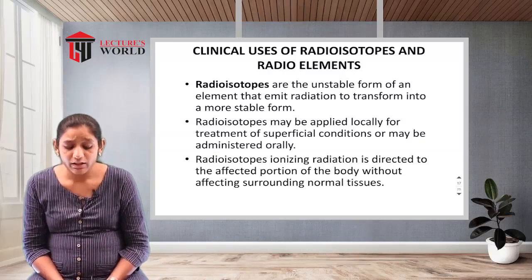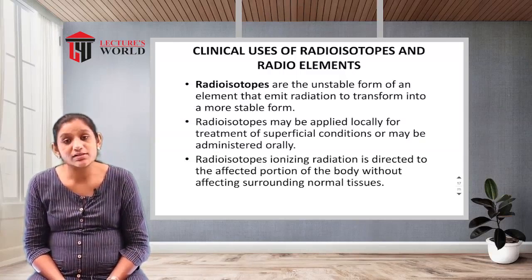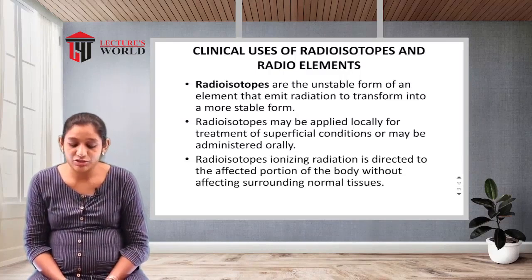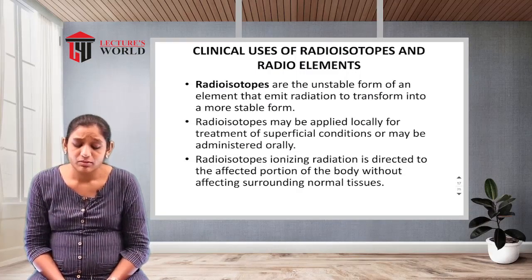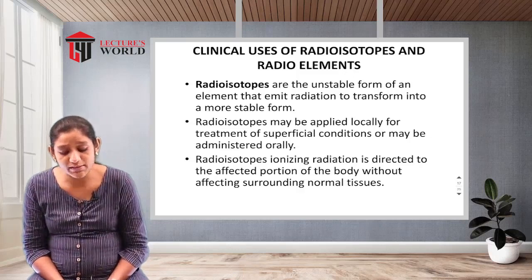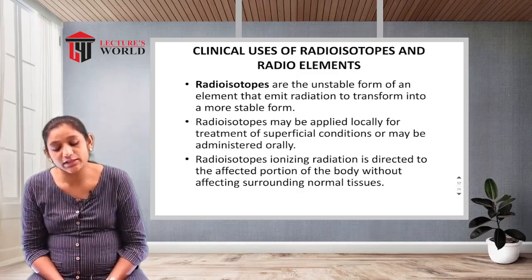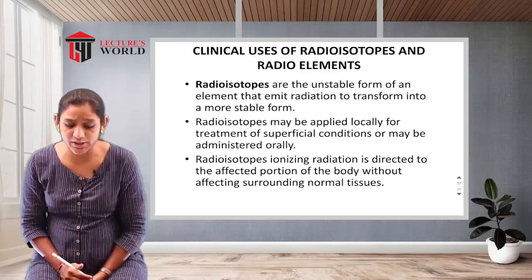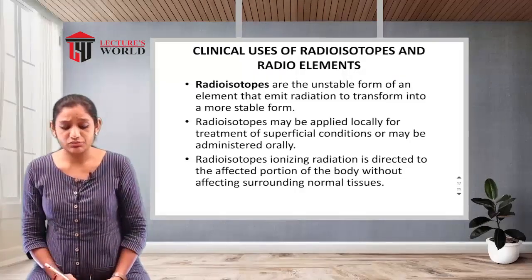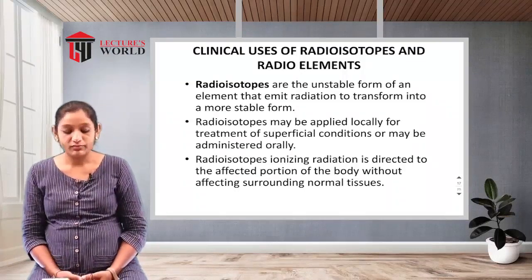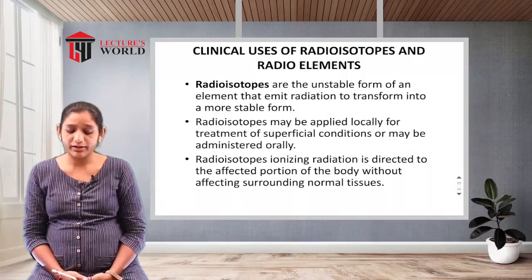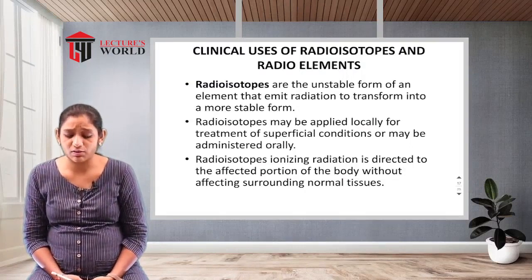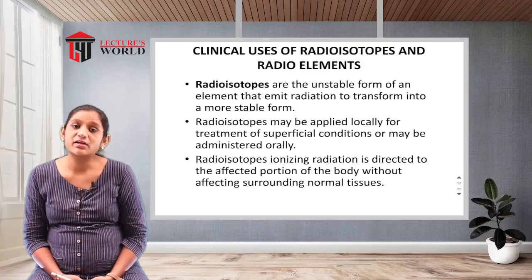First, radioisotopes are unstable forms of an element that emit radiation to transform into a more stable form. Radioisotopes may be applied locally for treatment of superficial conditions or may be administered orally.